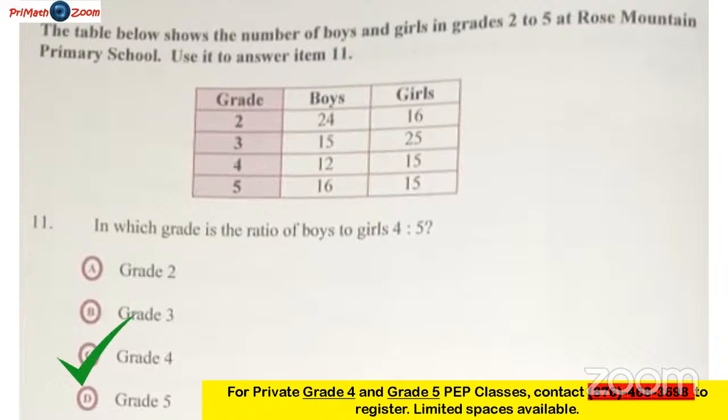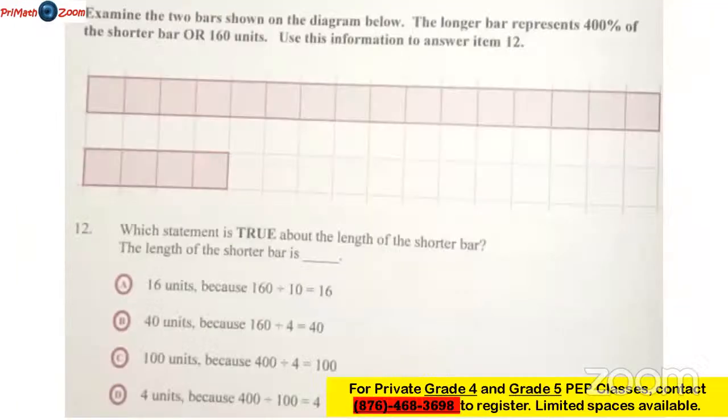So the correct answer is grade 4, because if we look at 12 and 15 to make equal parts in both, then we'll divide our 12 into equal parts of 3, we'll have 4 of them, and 15 into equal parts of 3, we'll have 5 of them. So 4 to 5 is in grade 4.